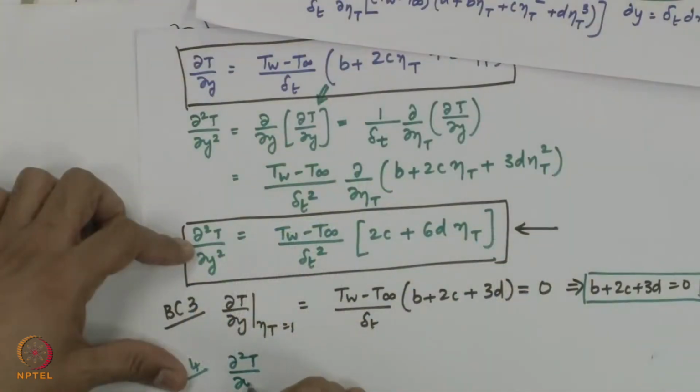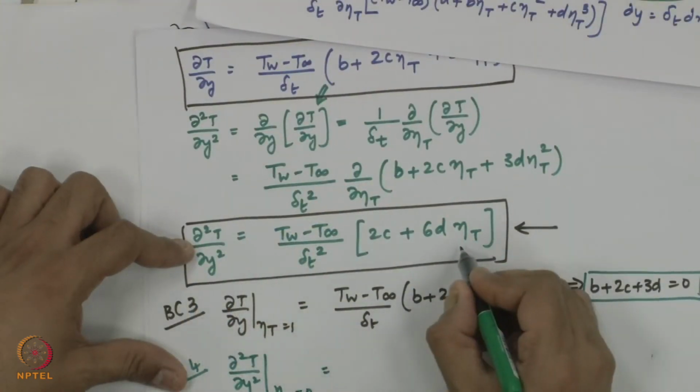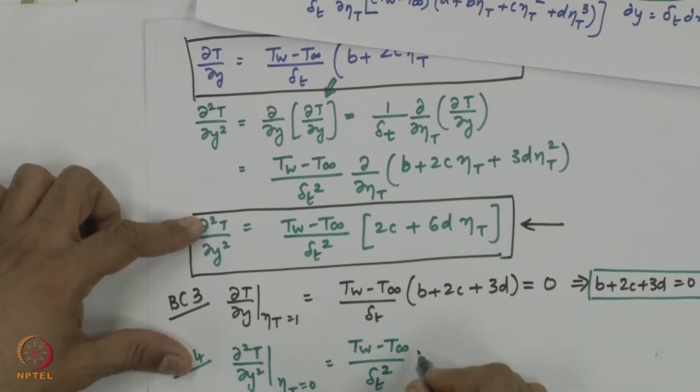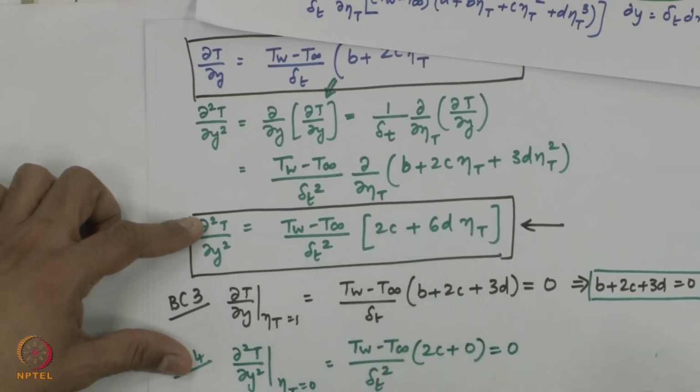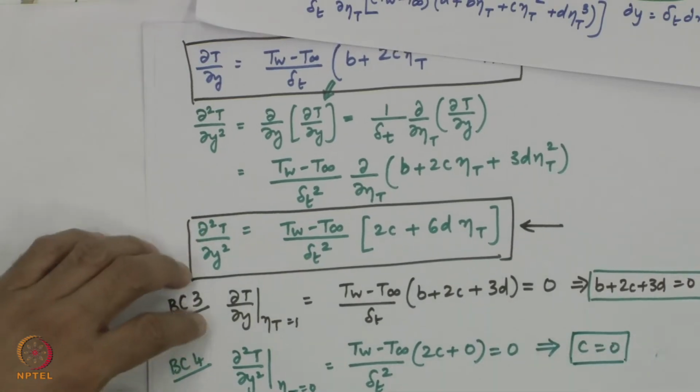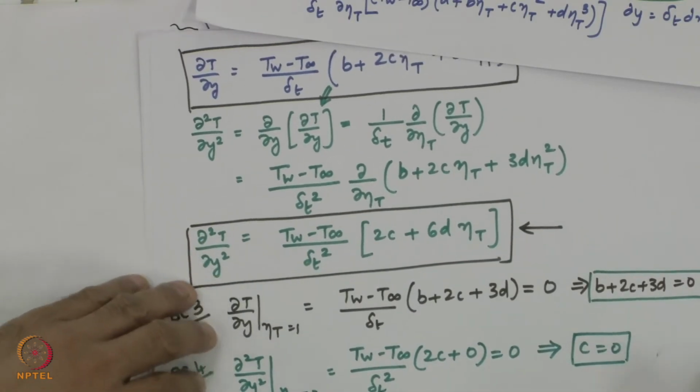So, when eta t is 0, d squared T by dy squared at eta t equal to 0, substituting here, I would get T w minus T infinity by delta t squared times 2c plus 0 equal to 0, therefore, c equal to 0. I get one number already.